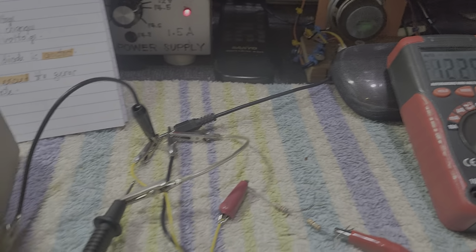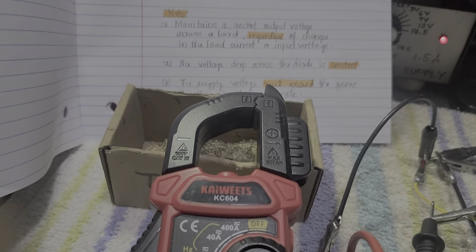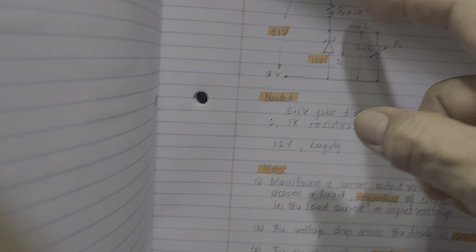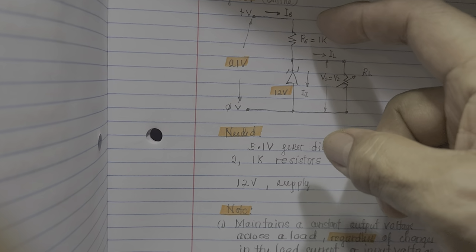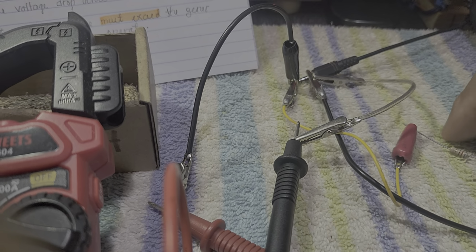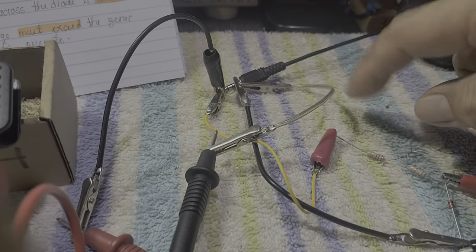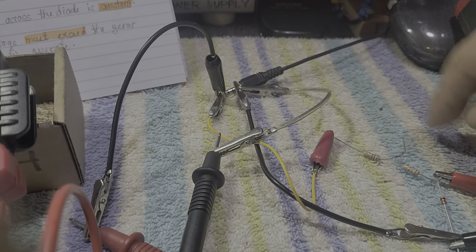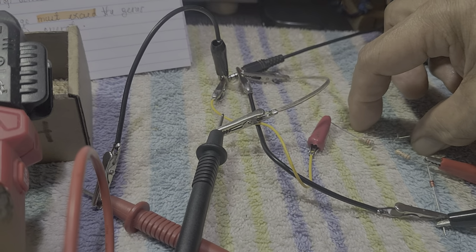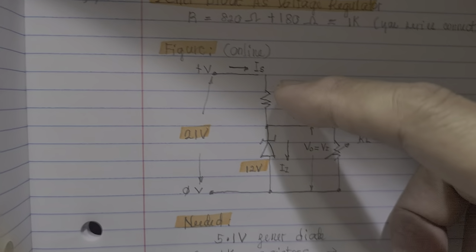You see it, guys? The input voltage of the circuit is 19.25. There is a series resistor of 1K here. These two resistors here, like what I said, are the combination of 820 and 180. I don't have the exact 1K, so 820 plus 180 is 1K. That's that portion there, and this portion is this portion here.